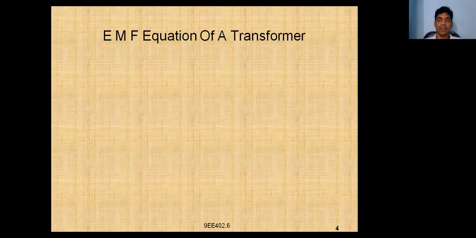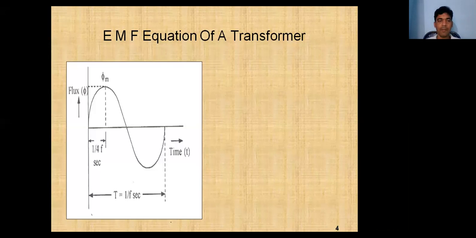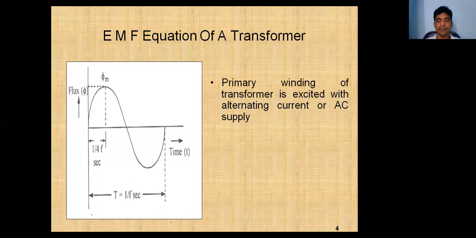Okay. So coming to the E.M.F equation of a transformer, primary winding of transformer is excited with alternating current or AC supply.